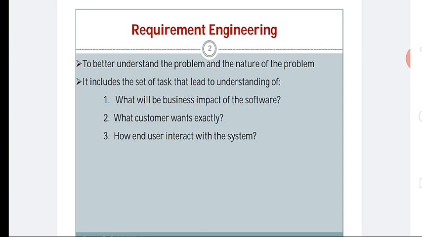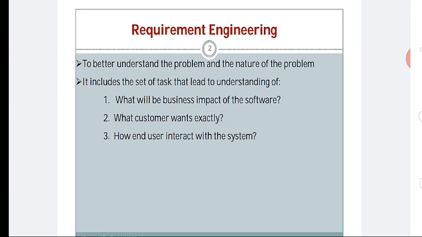The second one is what the customer wants exactly. What is the actual need of the customer, or what is the actual customer's problem, for which we are implementing the software. When we get the requirement from the user, we have to use this set of tasks to understand what the customer actually needs.